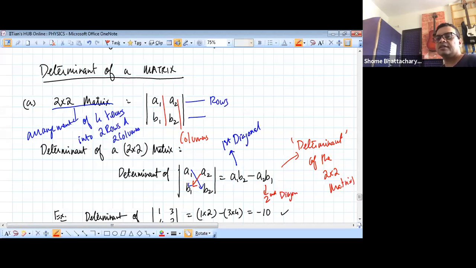So it is the first diagonal minus the second diagonal. That is how we determine the determinant of the 2 by 2 matrix. It is given by this formula. So a 2 by 2 matrix is an arrangement of 4 numbers into 2 rows and 2 columns, and the determinant of the 2 by 2 matrix is given by this formula. It is the first diagonal minus the second diagonal. Like that.